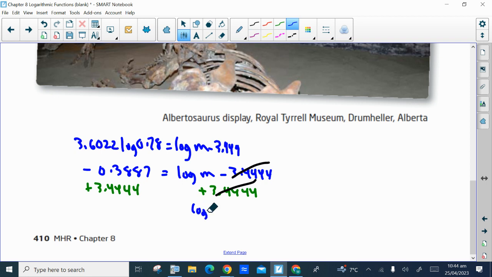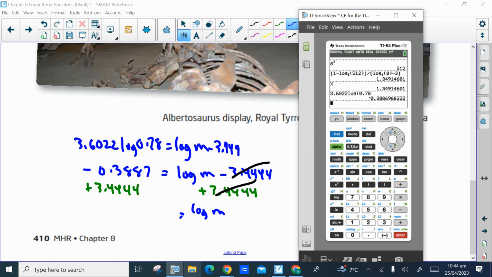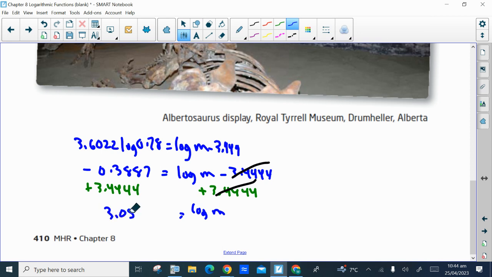And we'll be left with log M on the right equaling what we get when we add those together. So we'll add 3.4444 to that previous answer, which gives us 3.056. And again, I rounded it to write it down, but I'm going to keep that number in our calculator.